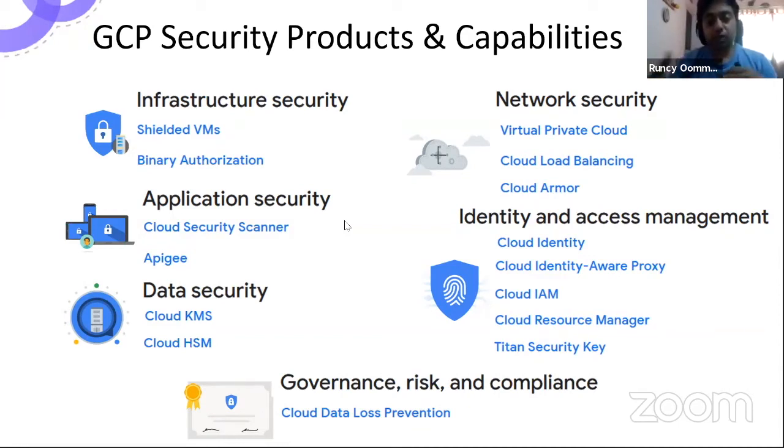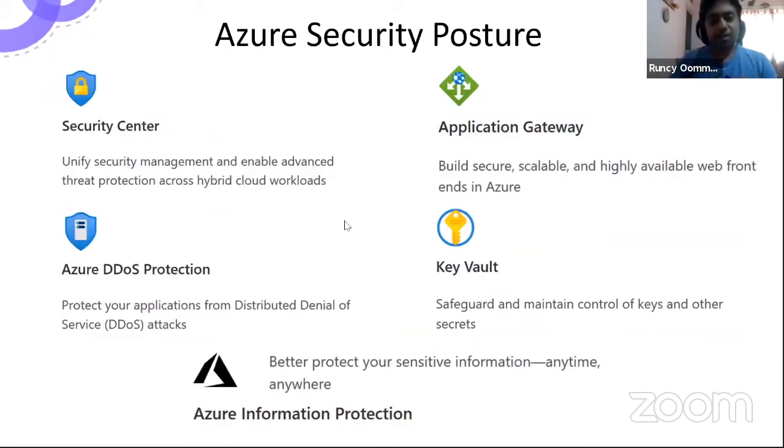You have the hosted IAM providers and the KMS, all the providers that are there from GCP. And the landscape doesn't change much in terms of Azure as well. Because what I want to drive is these are the fundamental building blocks of cloud security. Earlier it used to be on-premise where you were in charge, but now there are managed services which are being offered by all the three providers.